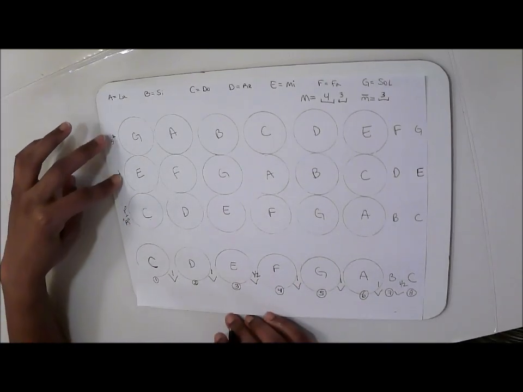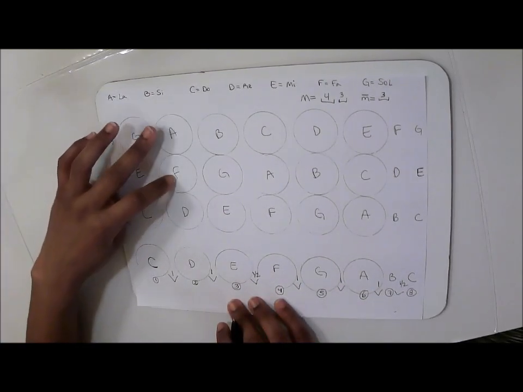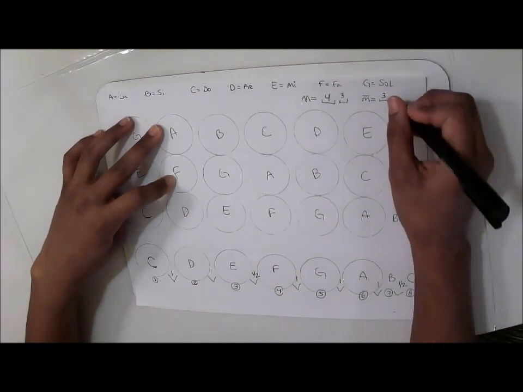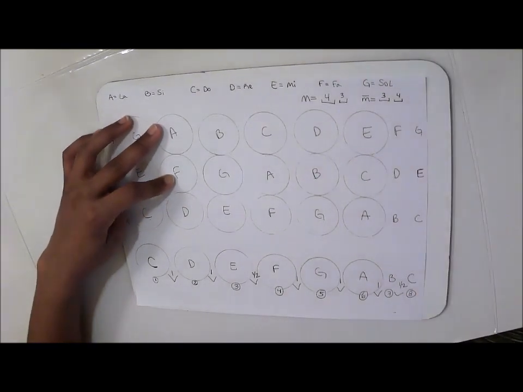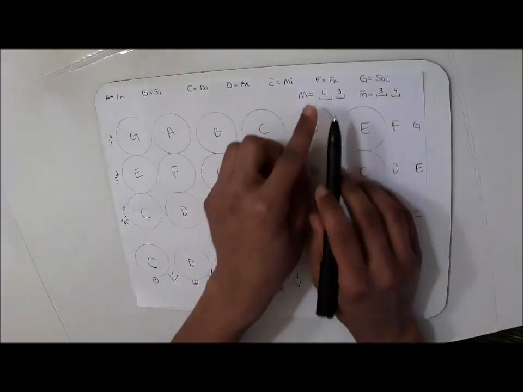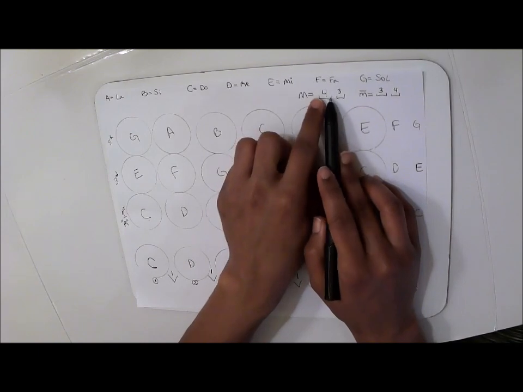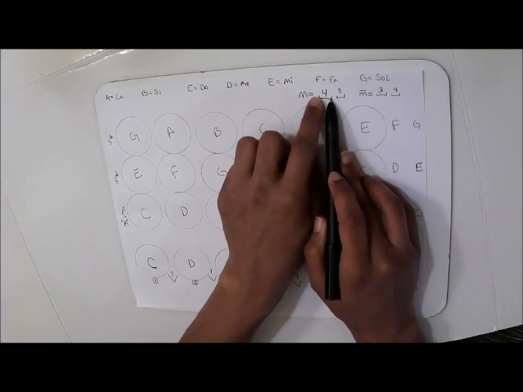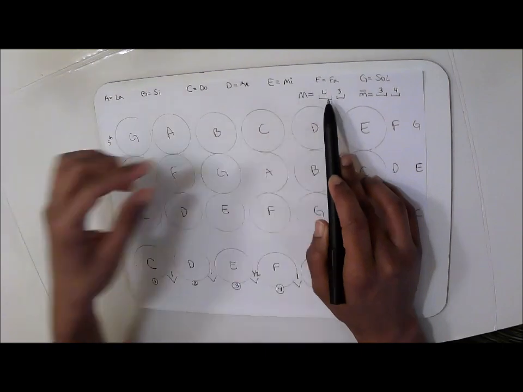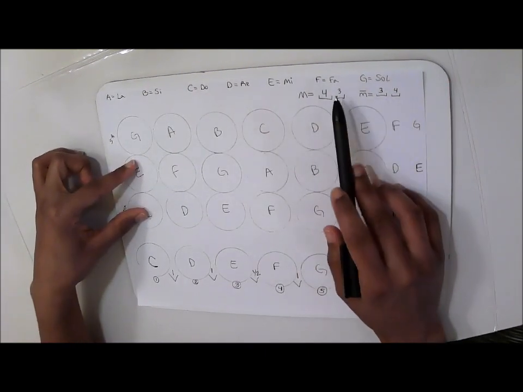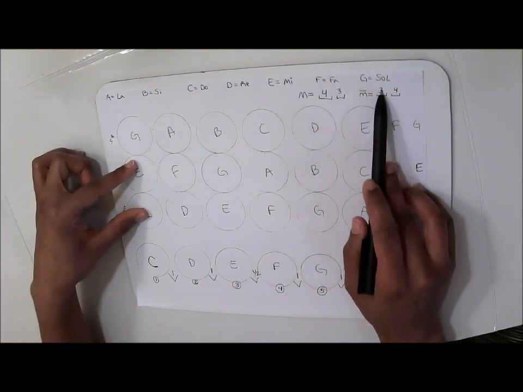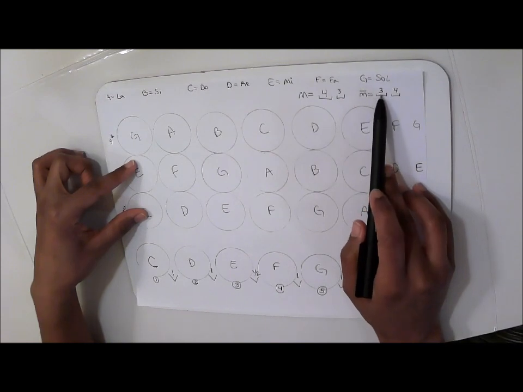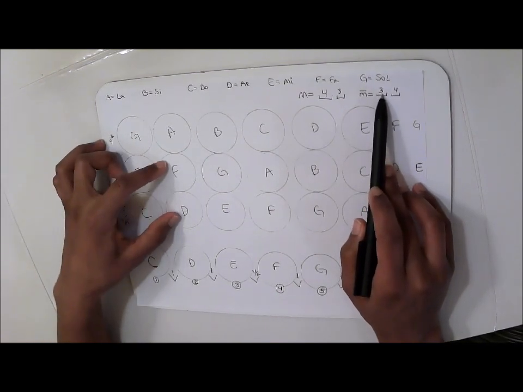From your third to your fifth, F to A, you want to have 4 semitones. So when you have the higher number of semitones in the bottom part, this is a major chord. And if the smaller number is in the bottom, this would be a minor chord.